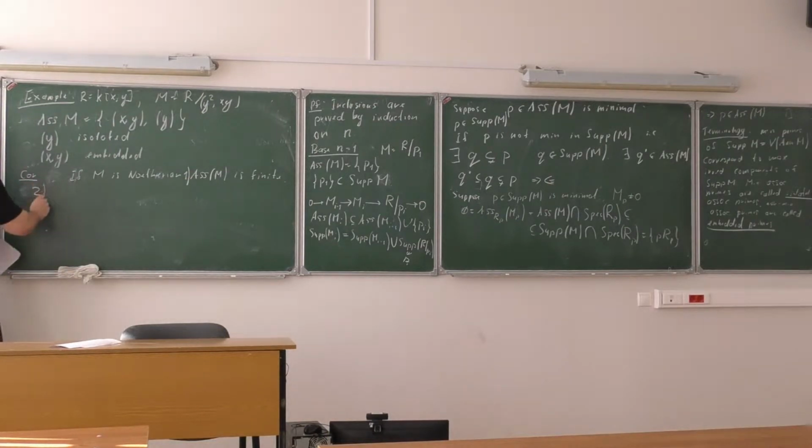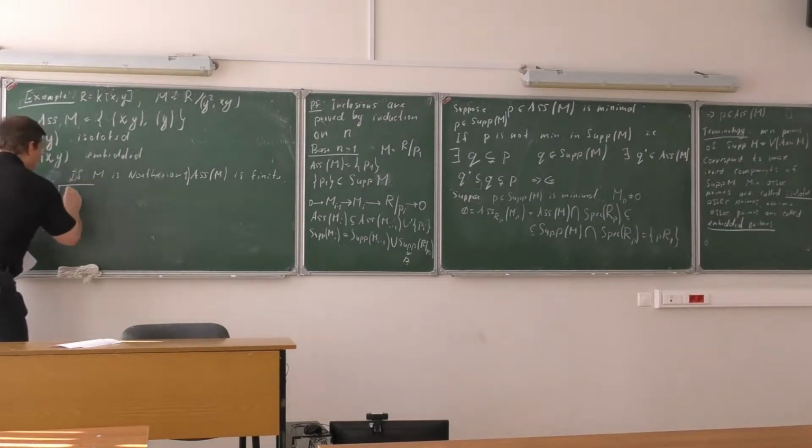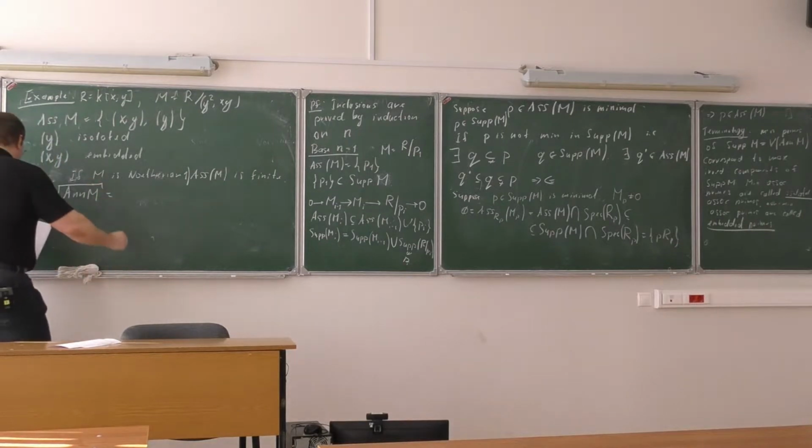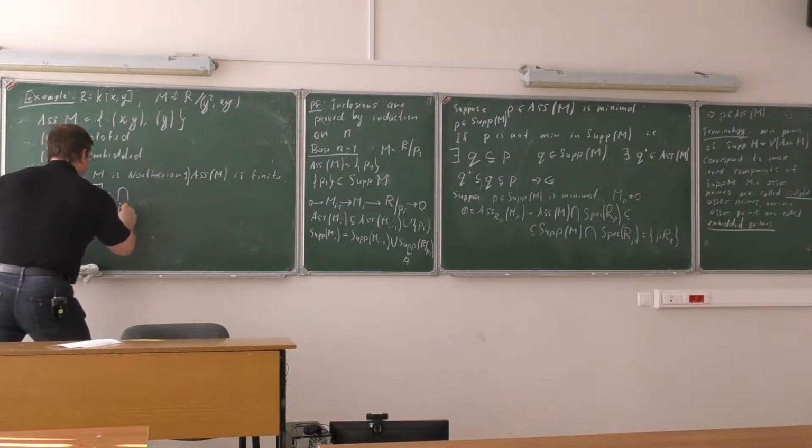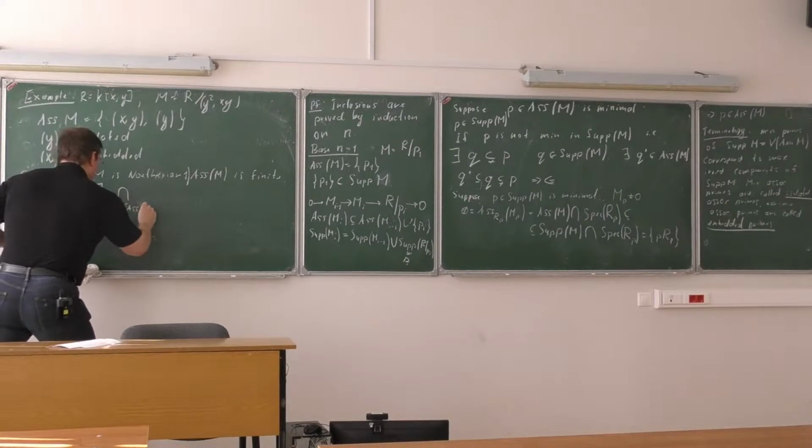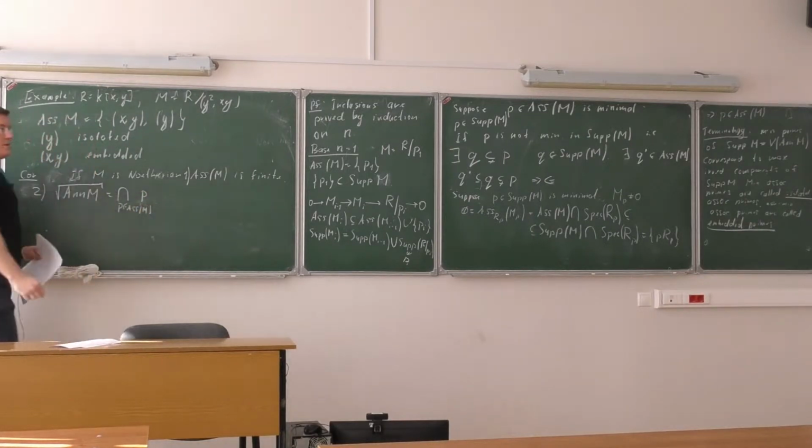Then the second statement, well, if I want to understand the radical of the annihilator of M, I can take a finite intersection, right?